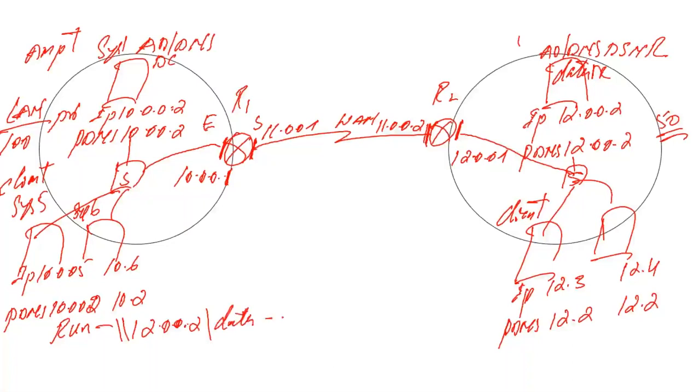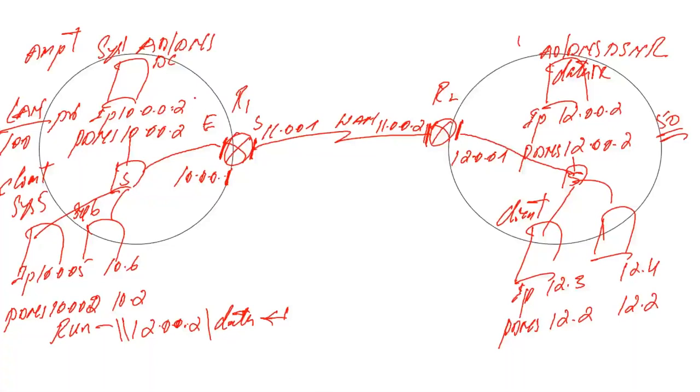Once I press enter, via the switch the first request goes to router 1 via this interface, 10.1. Then the request goes to the 11.1 interface via public IP, reaches router 2, and router 2 allows the user to access the data. Like this, the 12 dot people can also access 10 dot network resources.